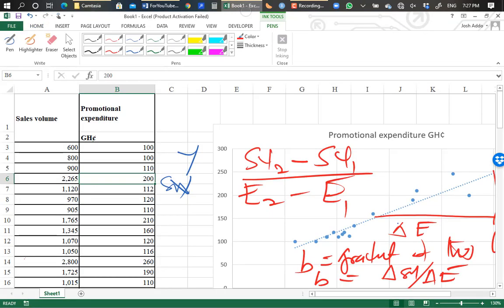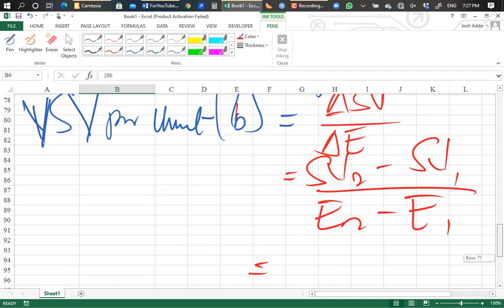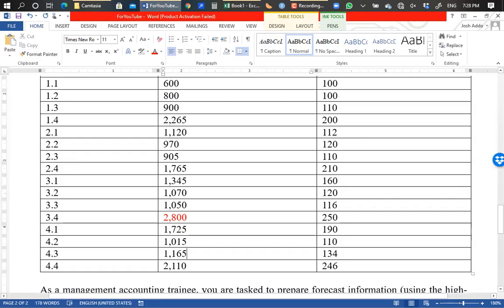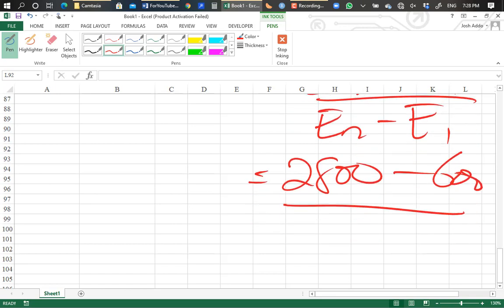Let me just write it. So SV2 is 2800 minus SV1. Let's go back to the question. SV1, I think that is 600. Yeah, 600. Sales volume 2800 minus 600, all divided by the corresponding costs.